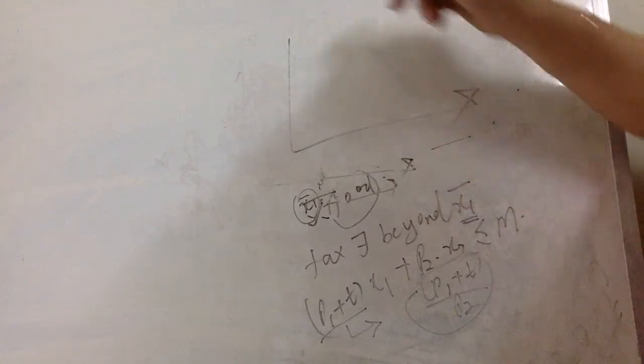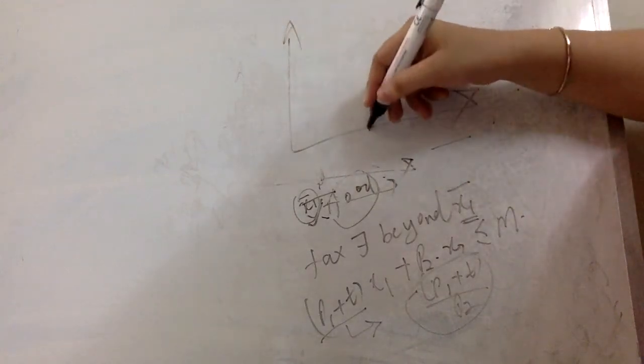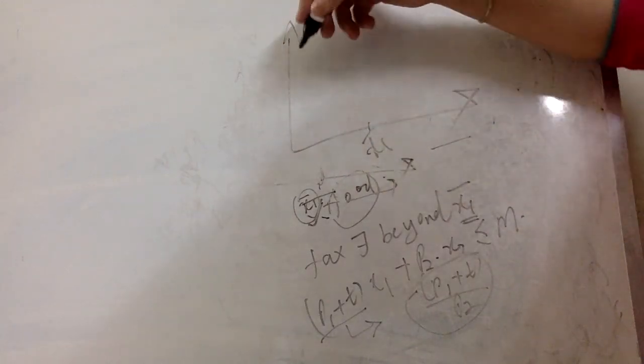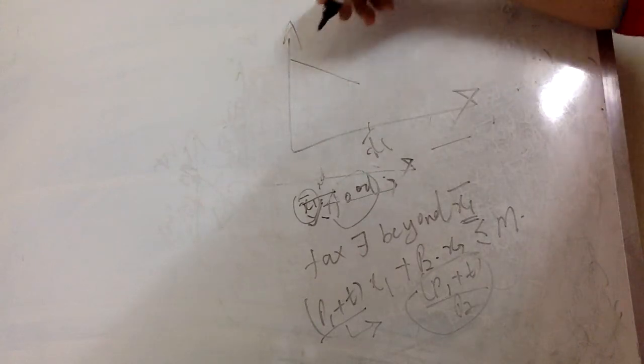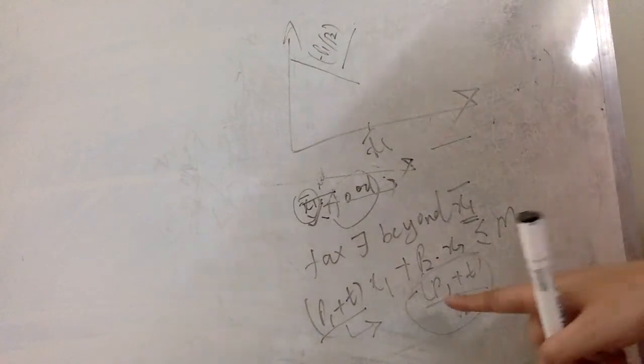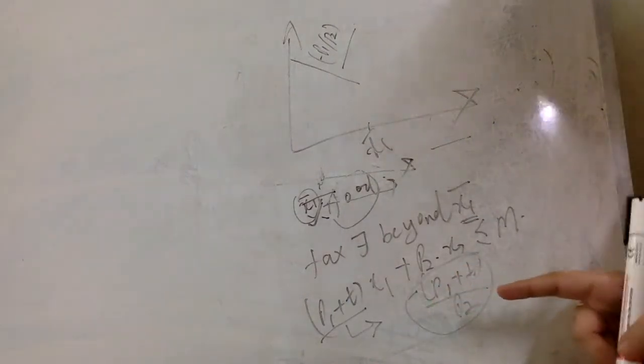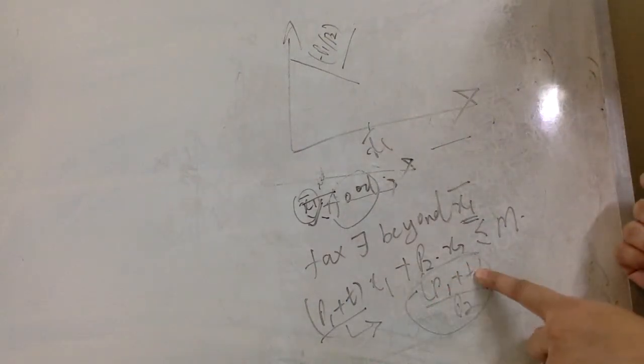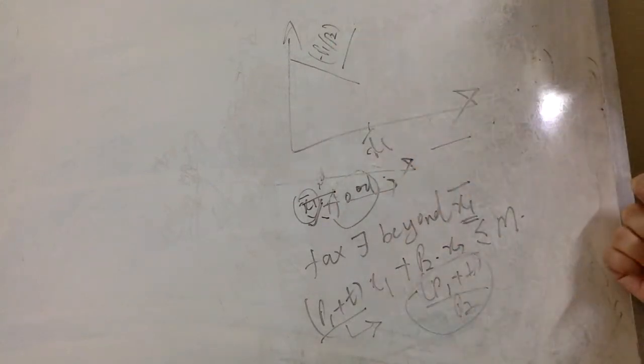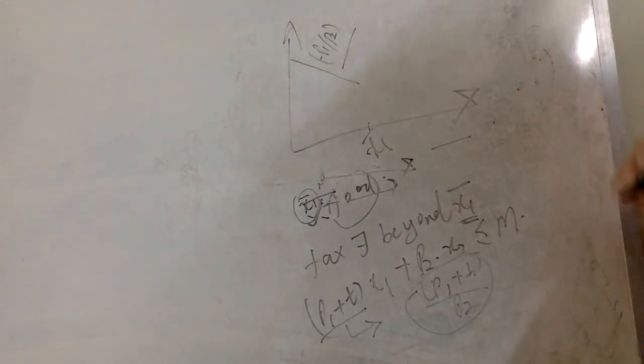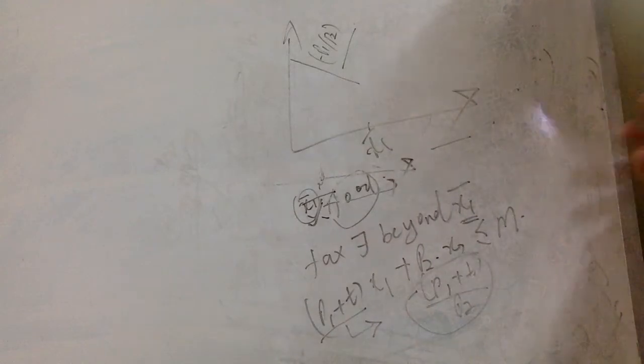How will my new budget line look? Till x1 bar it has a slope of minus p1 by p2, but beyond that the slope increases to minus (p1 plus t) by p2. Since p1 plus t is greater than p1, this slope is higher, and the higher the slope, the steeper the line.